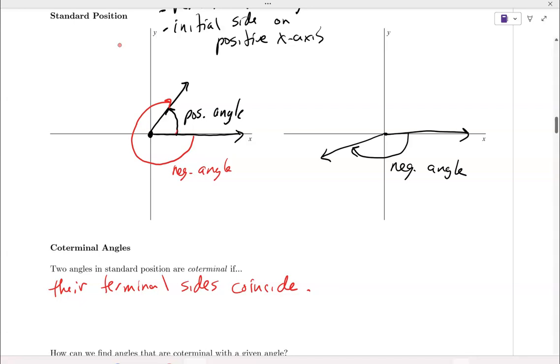Notice I went this way for that one, or this way for that one. If I think about, again, not worrying about the arrows, but if I put this piece and this piece together, what did I make? A circle. I've gone all the way around, right? So that's going to help us figure out when angles are coterminal or how to find the other ones, and we'll talk about that next time. Okay? That's where we'll start, all right?